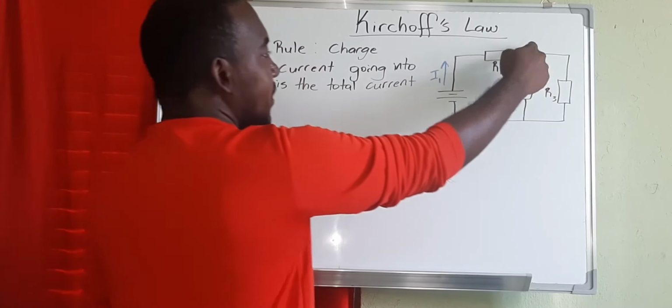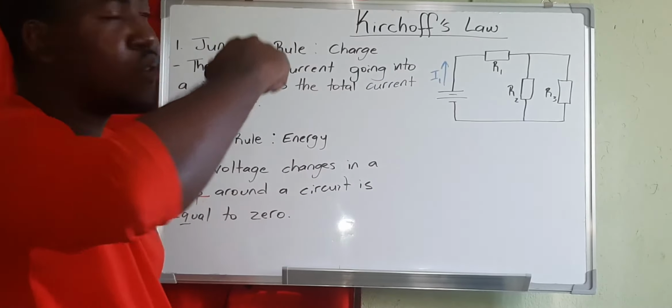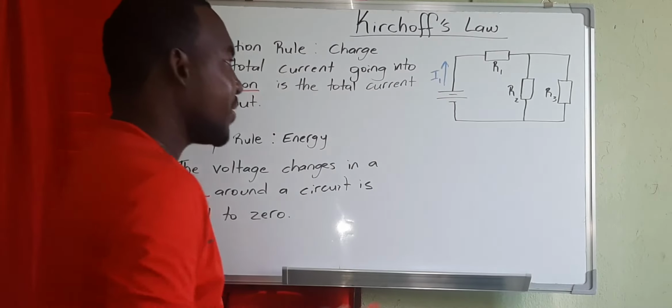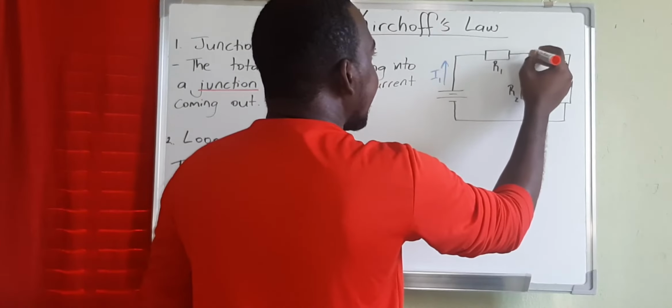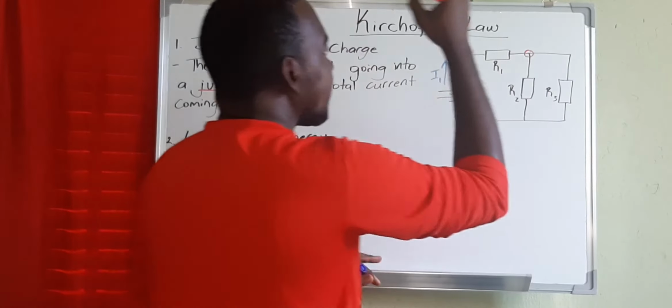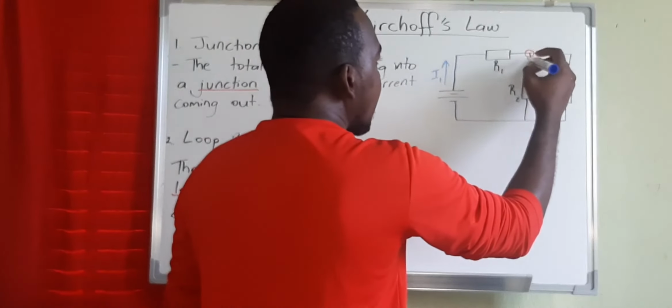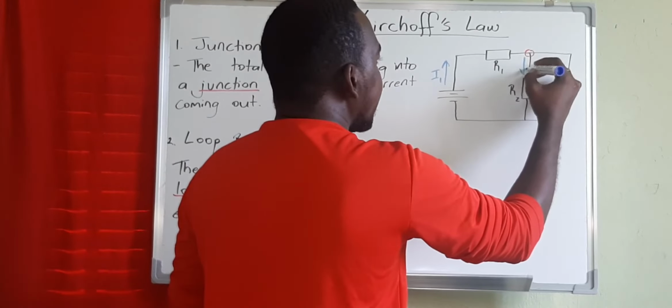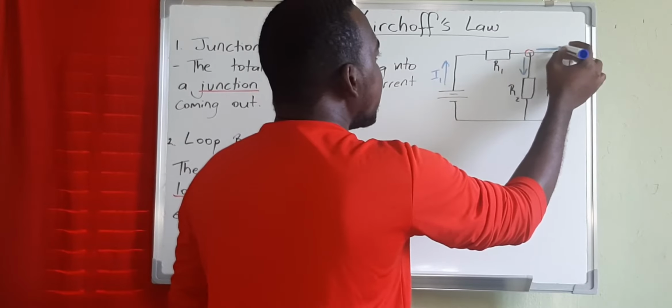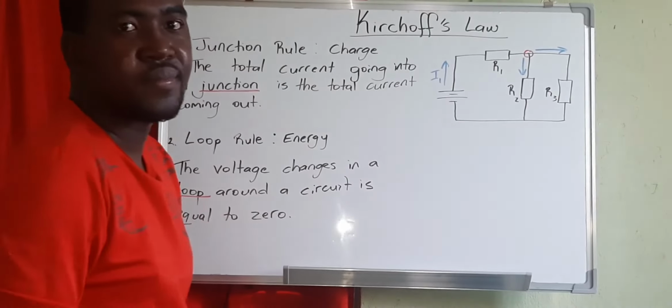When it reaches this point there, you notice what's going to happen? It's going to split. At this point, I1 will split. We have a portion of I1 going down here and a portion going right there.